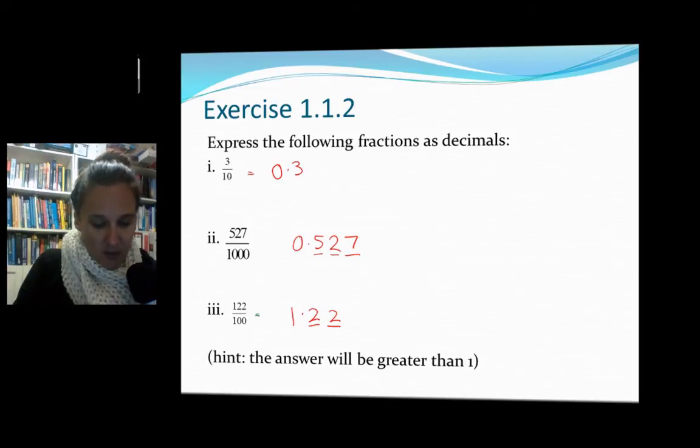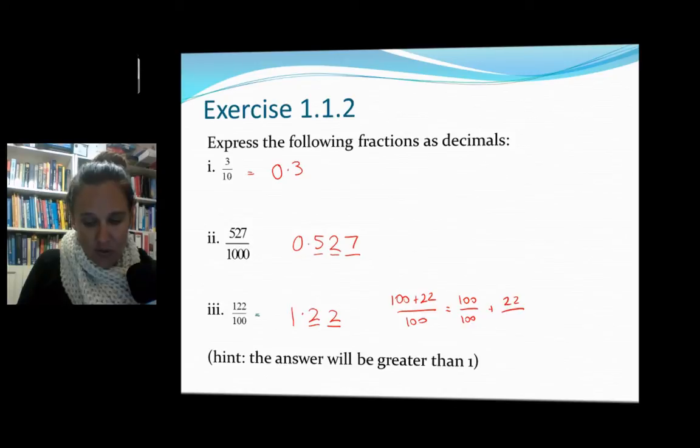So it's 1.22, which makes sense because 122 on 100 is the same as 100 plus 22 more on 100. So our 100 on 100 becomes 1 whole. 100 out of 100, same at the top and at the bottom, is equal to 1. So it's 1 and 22 on 100, 1.22.